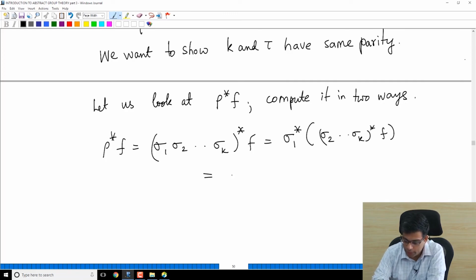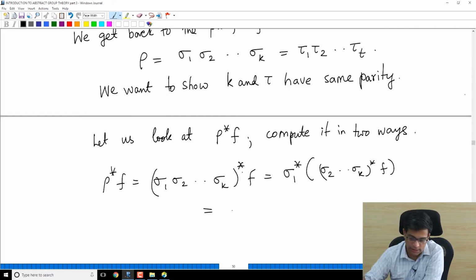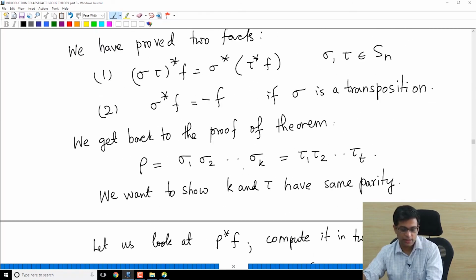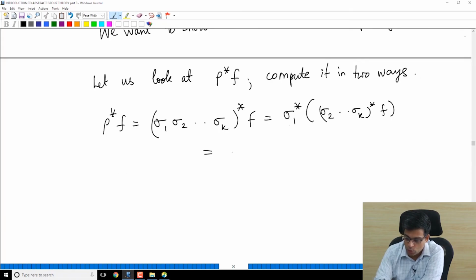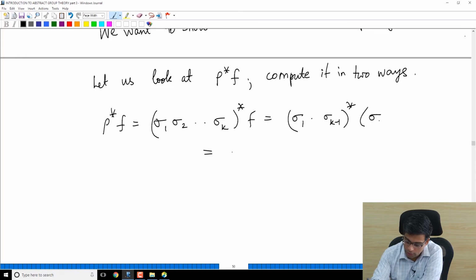Okay, and then you repeatedly do this, and the sigma i's are, remember, transpositions. And what does the second property say? Sigma star f is minus f. So actually let me write it like this. This is sigma 1 up to sigma k minus 1 star of sigma k star f, right?